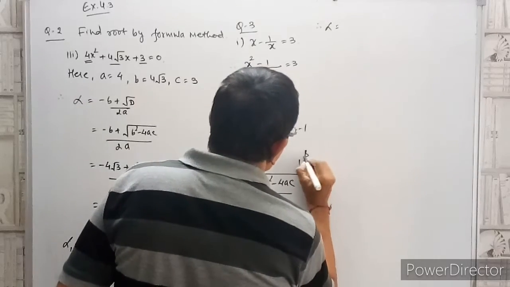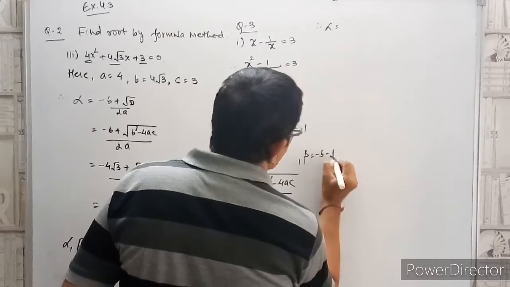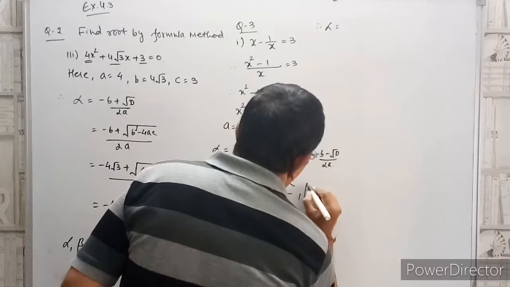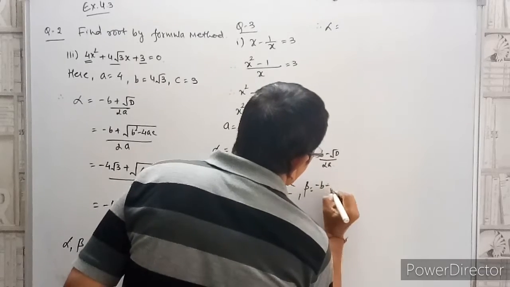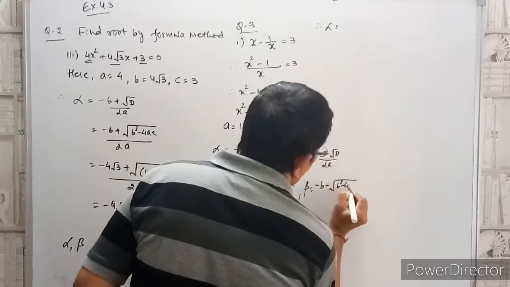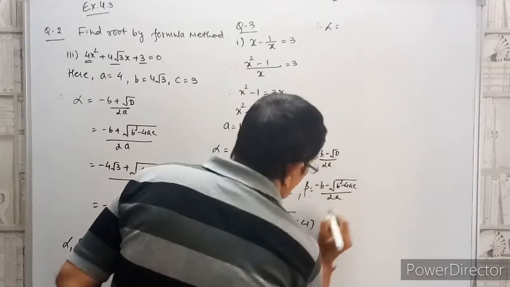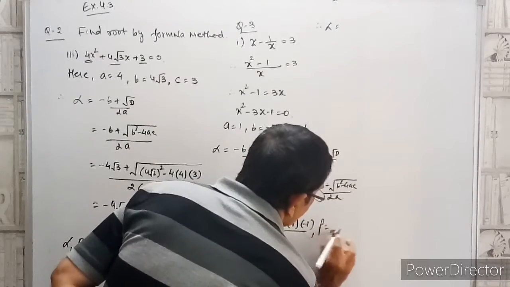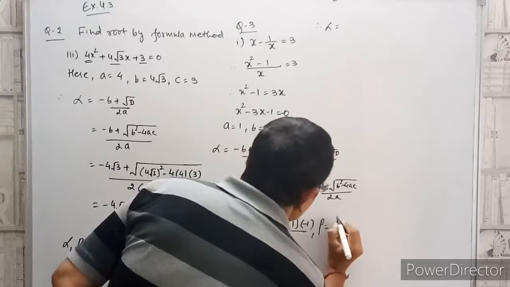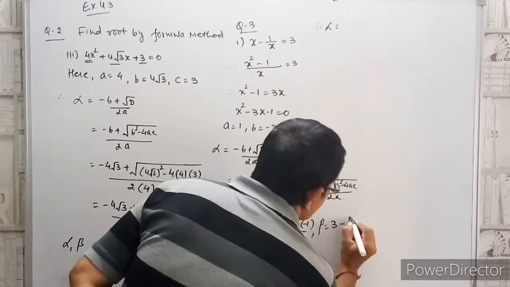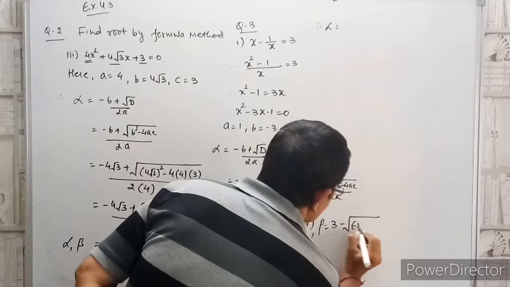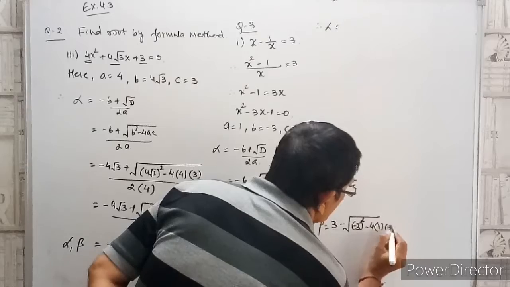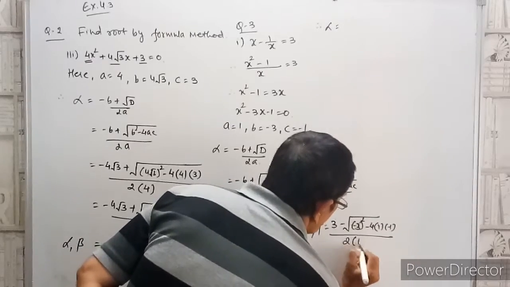Similarly, here we can write about beta, minus b minus root d upon 2a. So it is minus b minus square root b square minus 4ac upon 2a, and this is beta is equal to 3 minus 3 square minus 4ac upon 2a.